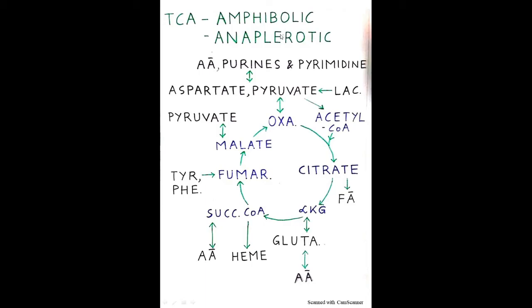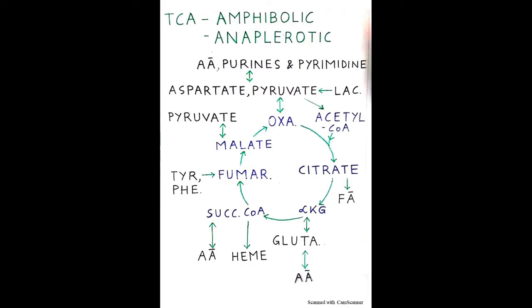Krebs cycle is both amphibolic and anaplerotic. The word amphibolic means like amphibians, that is, it has two opposite roles. So, an amphibian, a frog, can live both on land and in water.